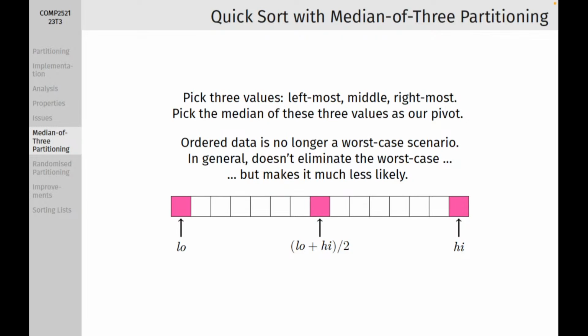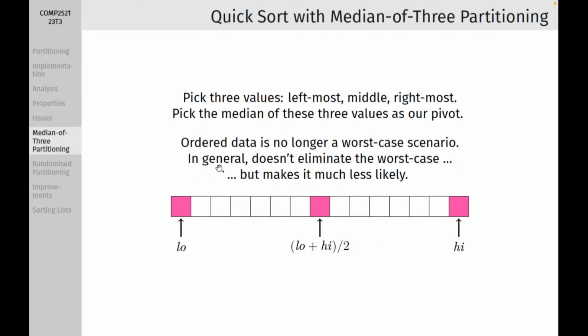If we do that, then ordered data is no longer our worst case, because if our array is ordered, then we will end up selecting the middle value as the pivot, and the middle value will be the median of the array. So we'll get 2 very even partitions, and then we'll get a nice runtime.